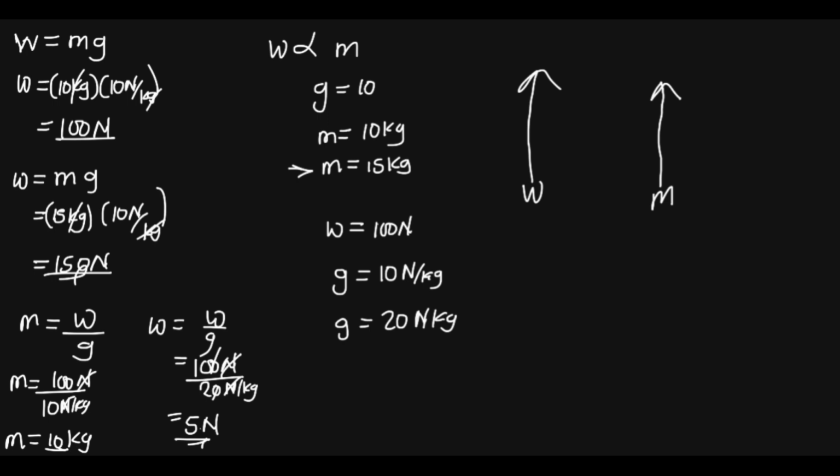Now when gravity increased from 10 to 20, the mass reduced from 10 kg to 5 kg. So we can see that the relationship between mass and gravity is inversely proportional. What this means is, if the gravity increases, the mass decreases. So that is what it means by inversely proportional.